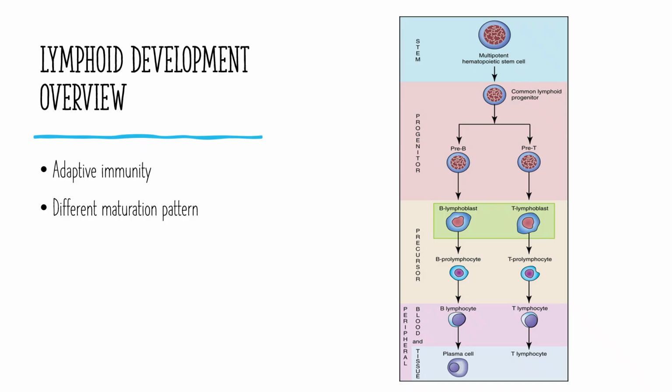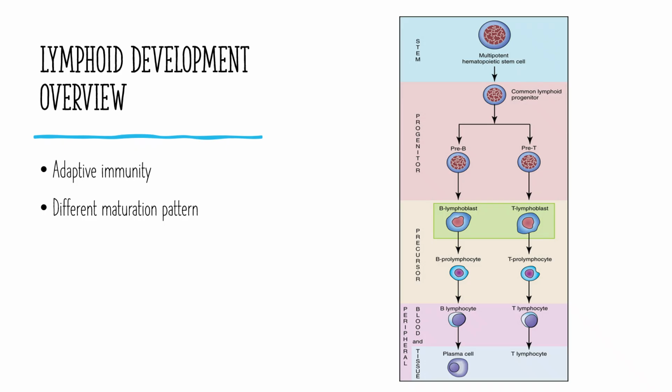From here, cells commit to either the B cell lineage or the T cell lineage. B cells typically mature within bone marrow and later differentiate into plasma cells responsible for antibody production. T cells migrate to the thymus, where they undergo specialized education to recognize self versus non-self.